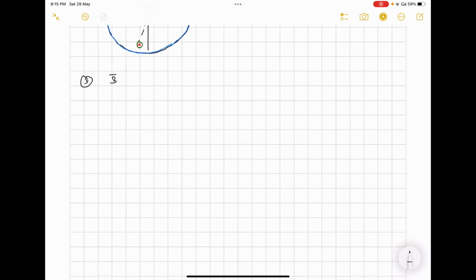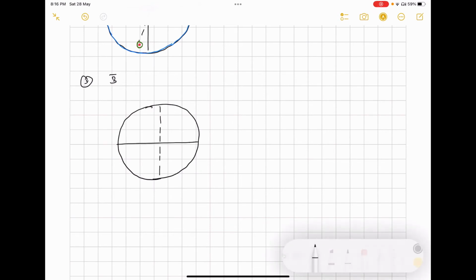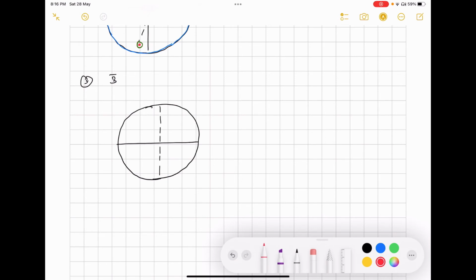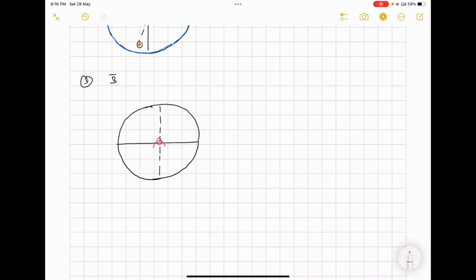Now let us move to another, that is 3 bar. For 3 bar, let us draw a circle and then again an inversion operator with a hollow circle in the center.